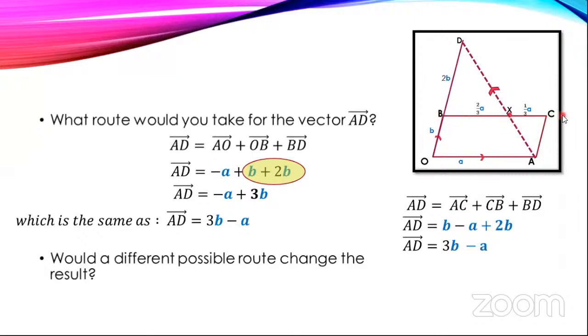So we know that this would be negative A. Then we're going from B to D, which is 2B. When we simplify the terms, we realize that we end up with the same result. So if we had taken the route AO to OD, or AC to CB, then to BD, we'd end up back with the same route.